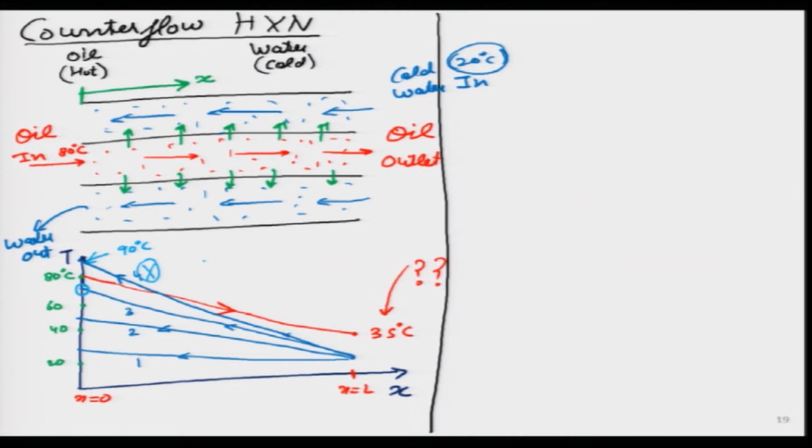If somebody tells me the maximum temperature of water is 78 degrees centigrade, we will have to figure out in a little while, but thermodynamics does not prevent it. Thermodynamics says yes, it can be 78, it can also be 75, but it can never exceed 80, it cannot be 85 or 90.